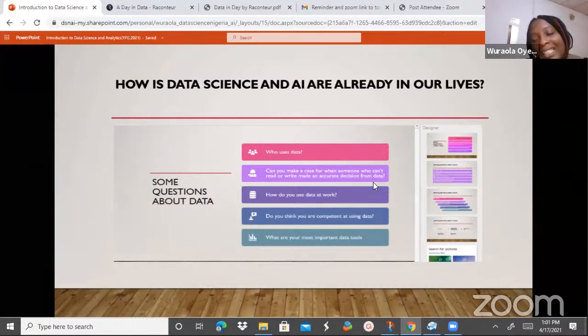Okay, so there's an image on the screen. When I was making the slides for this, PowerPoint was auto suggesting designs. So that means that I'm not that artistic in the sense that I'm terrible with colors and things like that. So it's not me that came up with these colors.